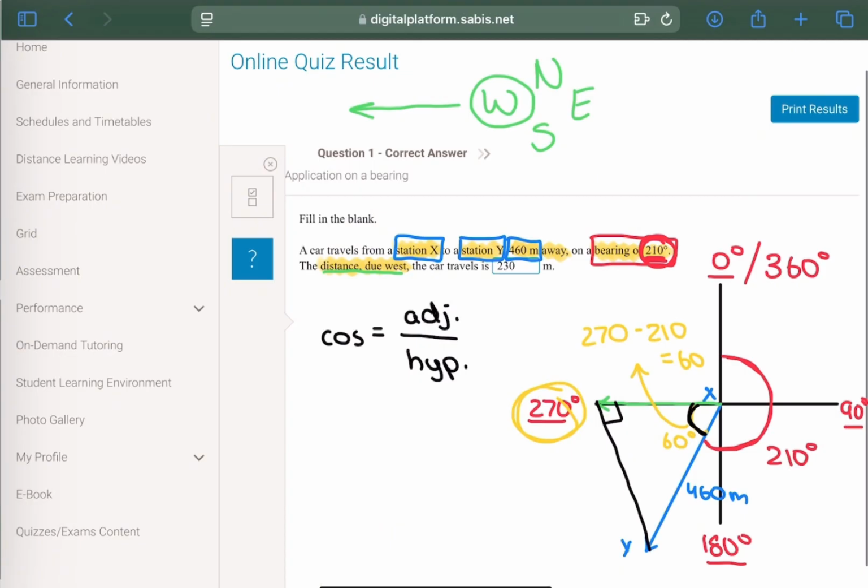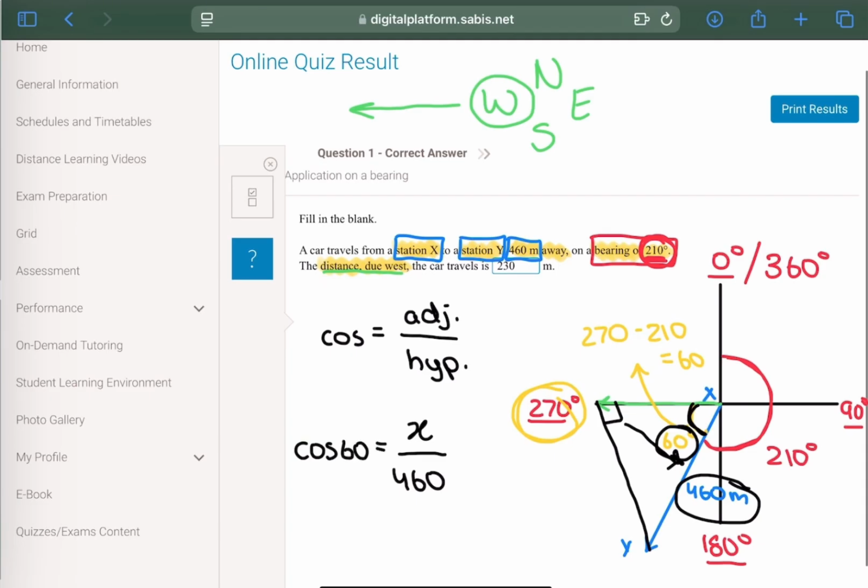So the adjacent is the green line, so we're going to call it X. And the hypotenuse is over here, opposite to the right angle, 460 meters. And the angle that we have is 60 degrees, so it's going to be cos 60.